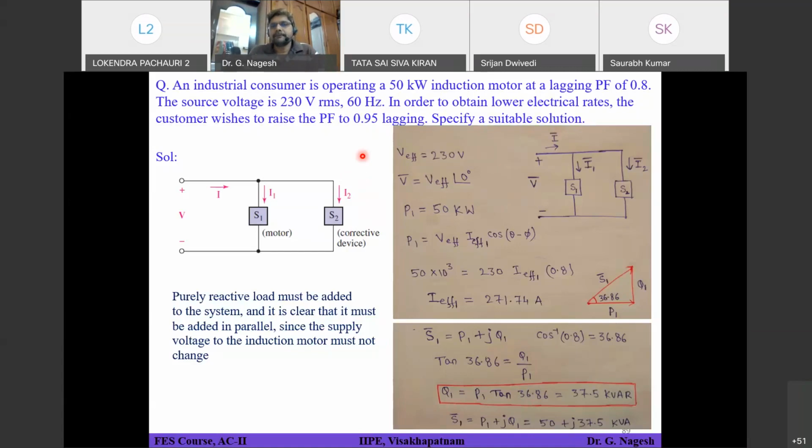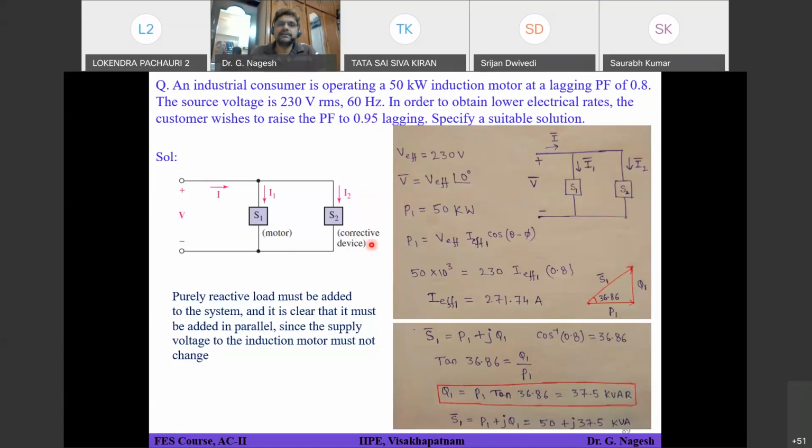I am saying I have connected some element. I don't know what that element is. Some element I have connected, but I observe that the power factor at the source terminals is observed to be 0.95 lagging. That means power factor has improved after connecting the element, right? So how to calculate that?